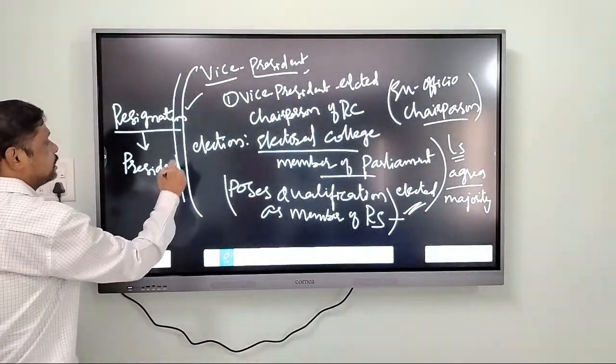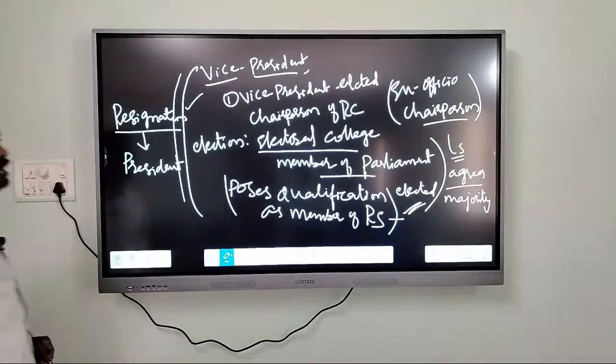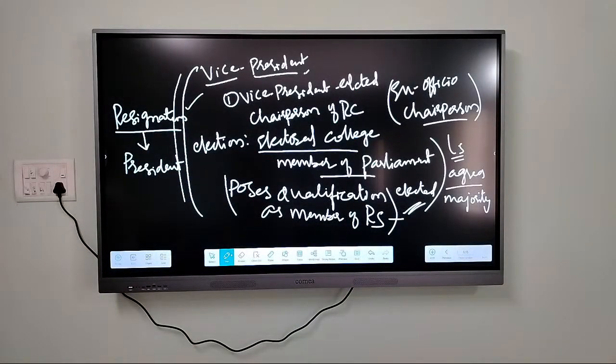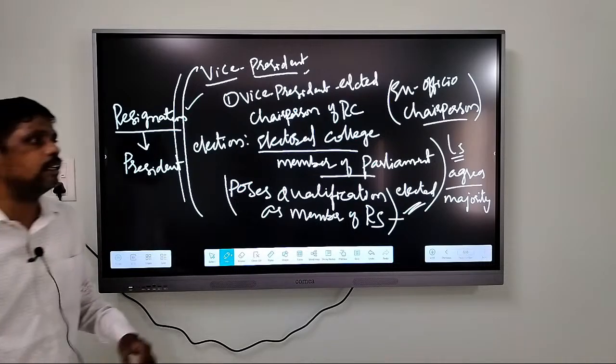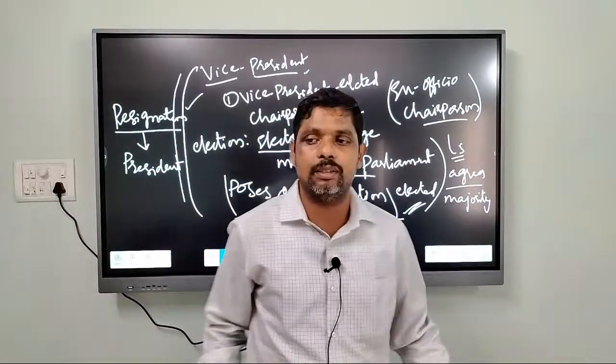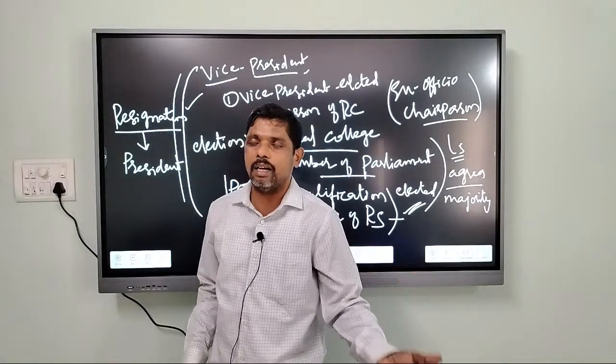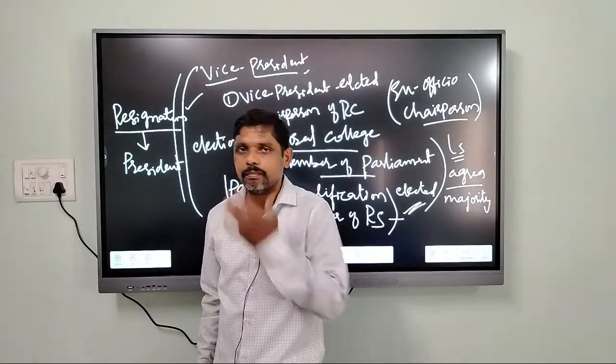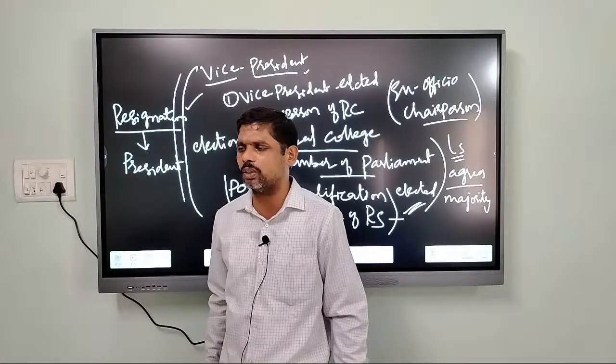The President gives his resignation to the Vice President, and the Vice President tenders his resignation to the President of India. So this is how there can be a vacancy: resignation, removal, and death as the usual cause.